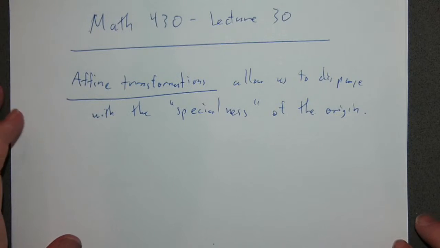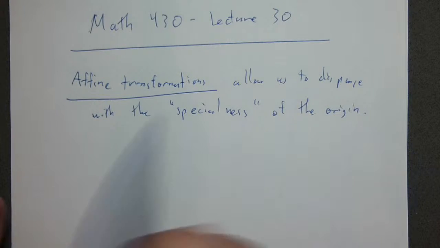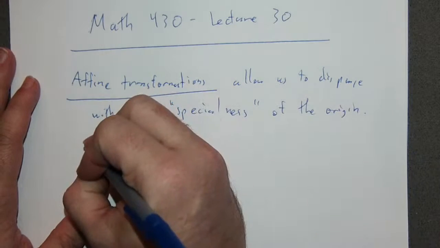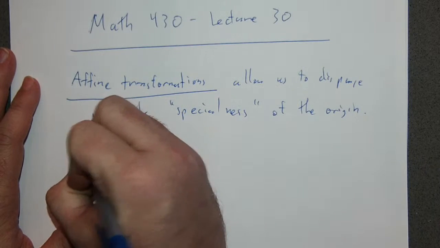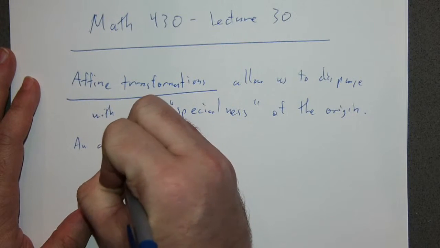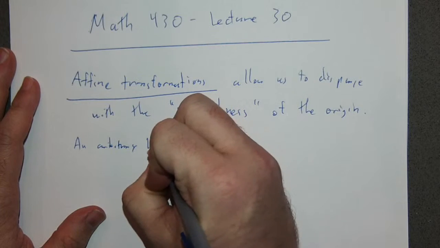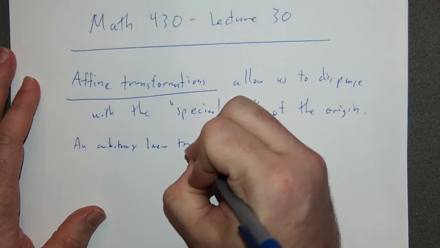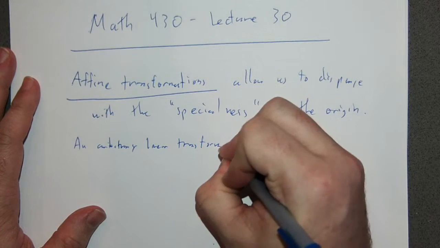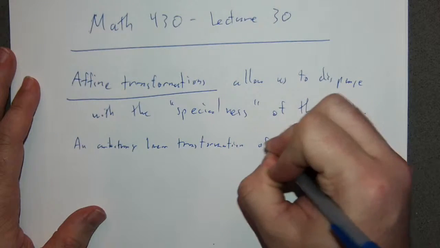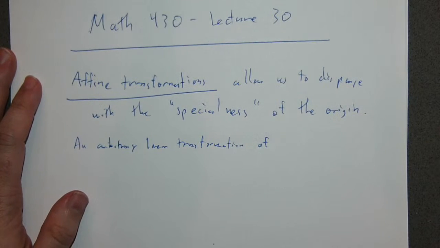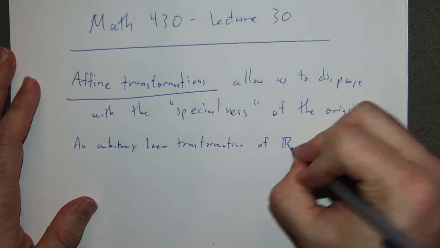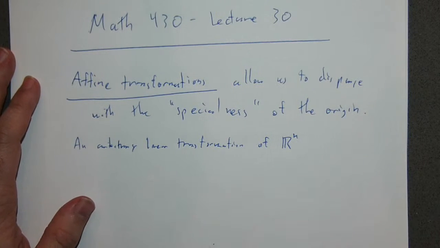But what is an affine transformation? Notice an arbitrary linear transformation of, say, R2. Of course, we don't have to talk about this in R2; we could talk about this in any space.